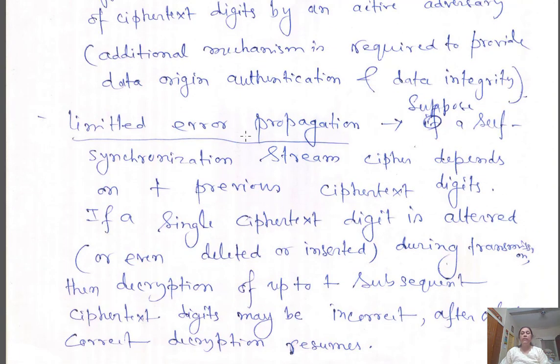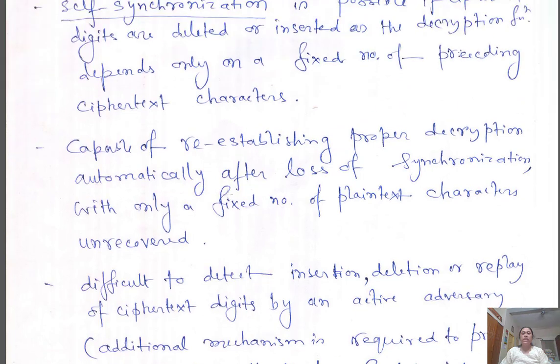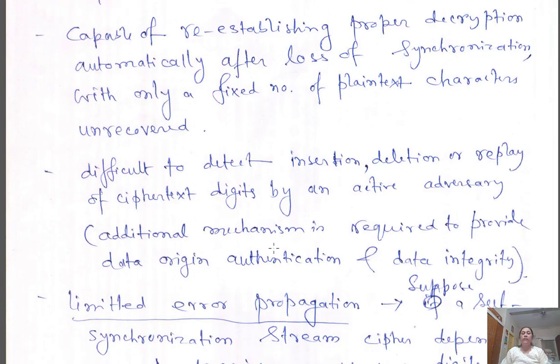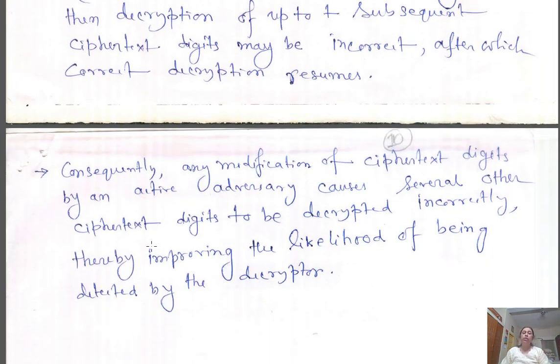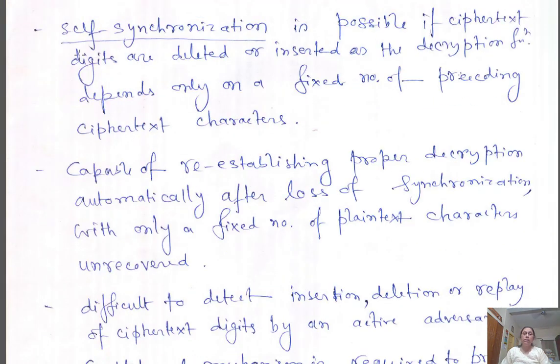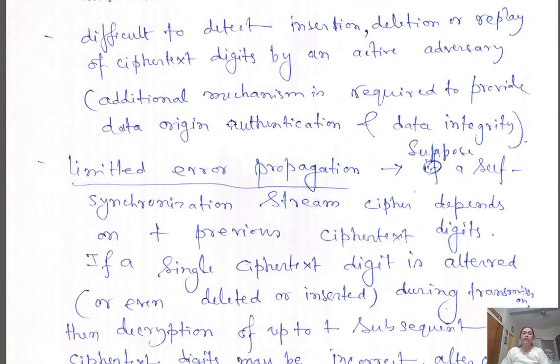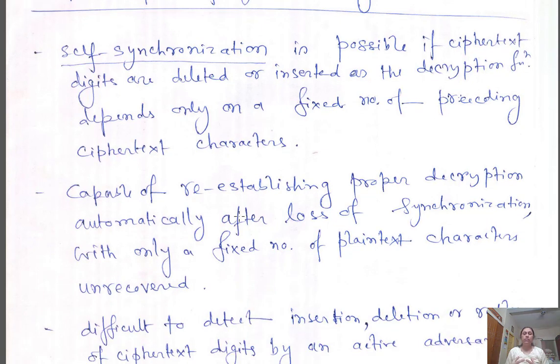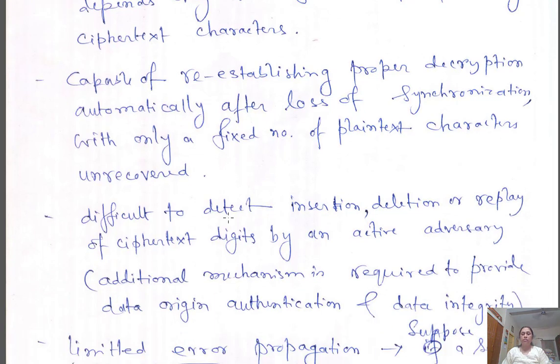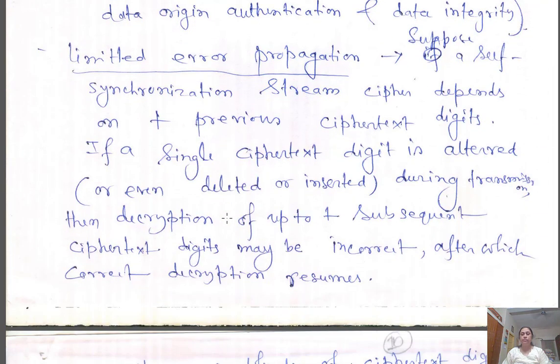Because of self-synchronization, it is very difficult to detect the presence of an active adversary, whereas limited error propagation helps you detect the active attacker. So these two, self-synchronization and limited error propagation, both we need in a trade-off.